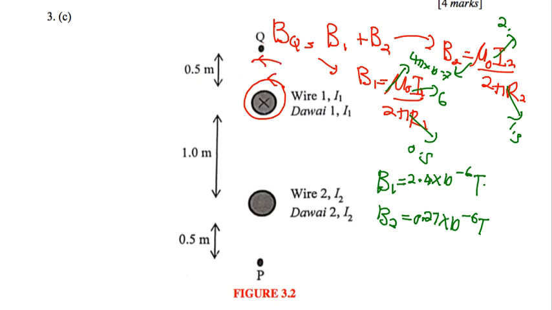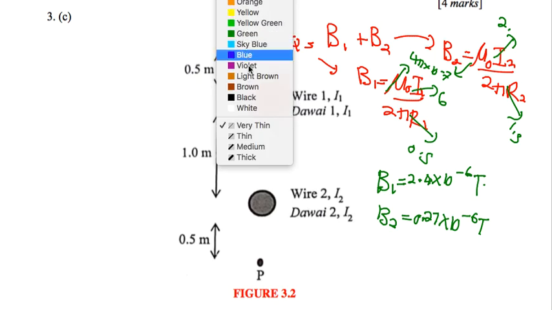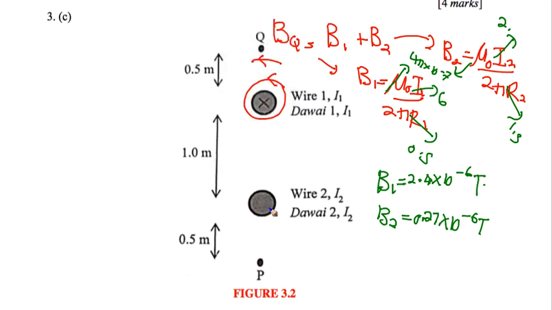The current I1 is into the page, meaning the direction is to the right.